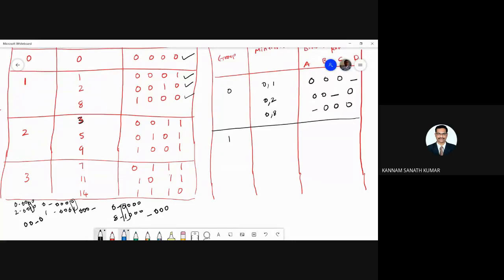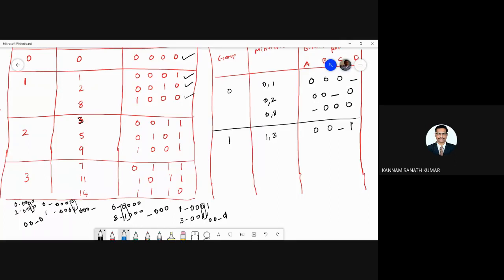Coming to group 1, take 1. The binary representation for 1 is 0 0 0 1 and for 3 is 0 0 1 1. They differ by 1 bit, so 1, 3 is 0 0 dash 1.